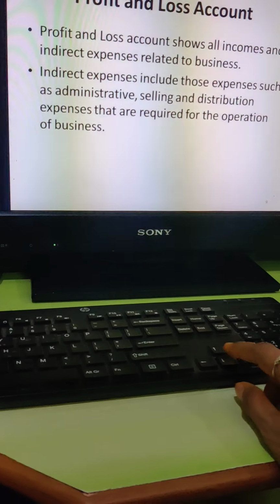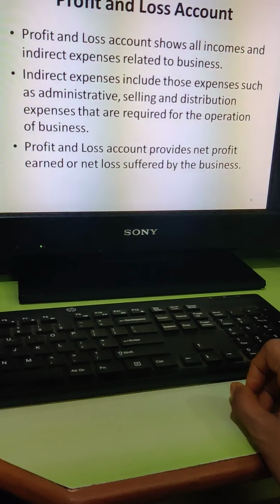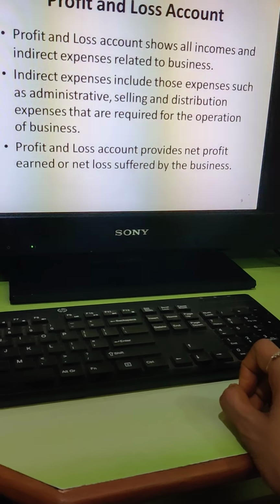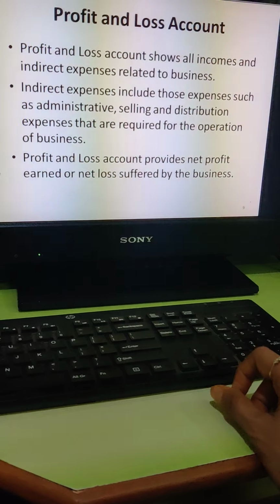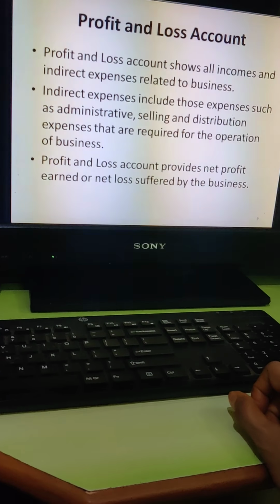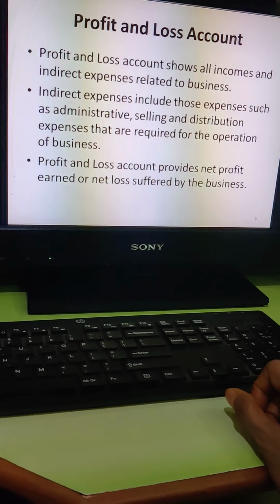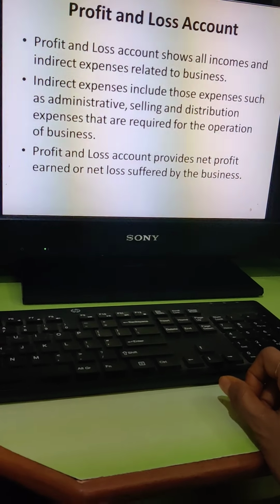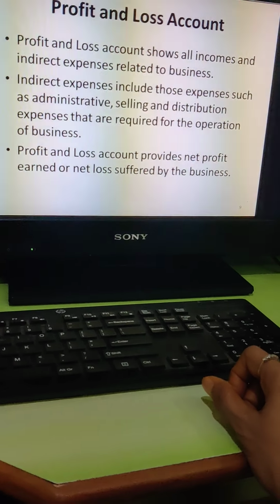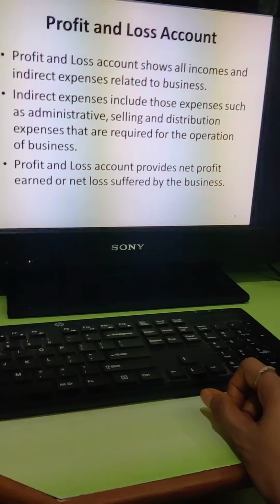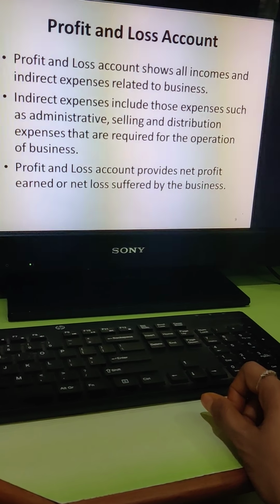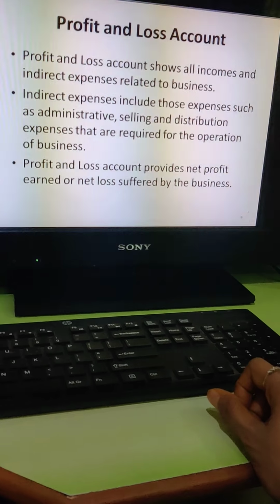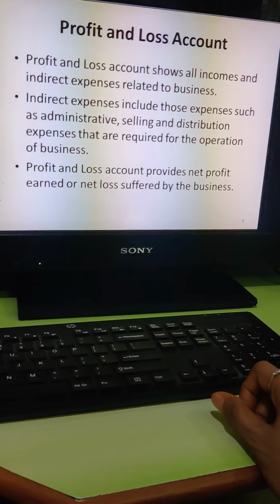What do we mean by indirectly related? Indirect expenses include those expenses such as office, administrative, selling and distribution expenses that are required for the maintenance or operation of the business. So profit and loss account provides net profit earned or net loss suffered by the business.